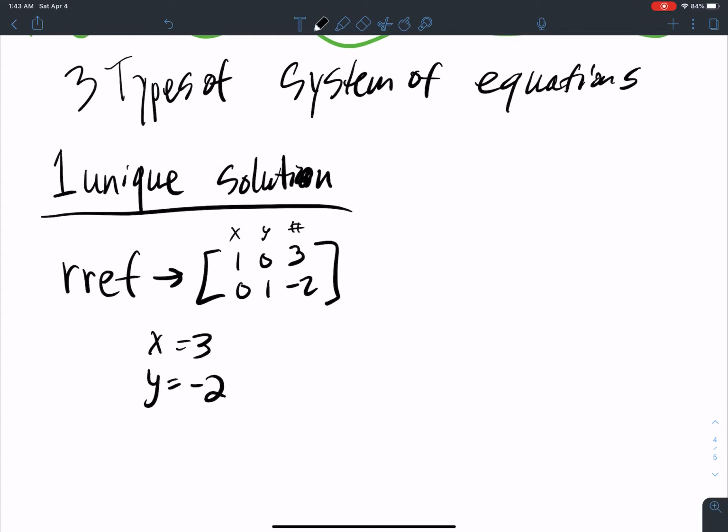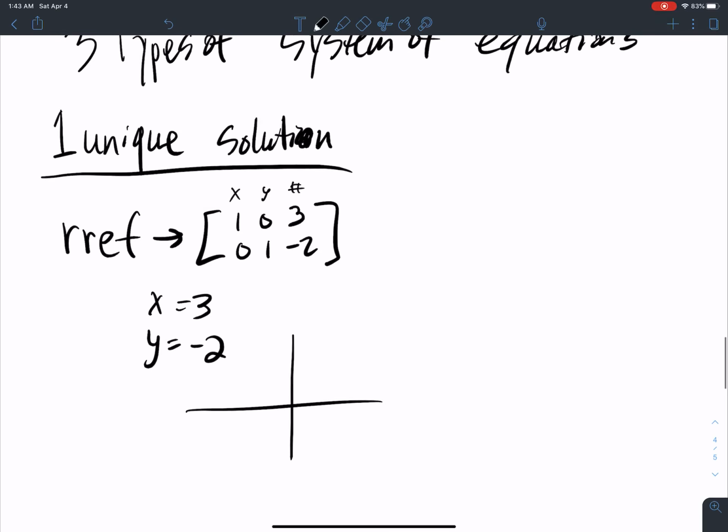So it's like when I have a situation where one line crosses another line. Okay? Now, I didn't draw this right, but maybe it's like down here. So at 3 comma negative 2. So I have two lines.